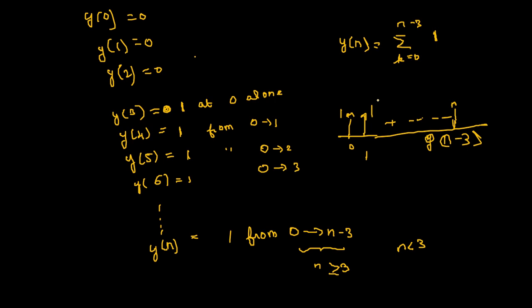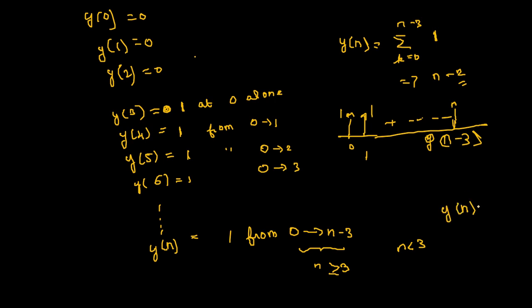So the formula of summation of 1 from 0 to a particular number gives us the upper limit plus 1, right? Because I have added up 1 n minus 3 times, but I also have 1 at 0. So my final answer is n minus 2, right?